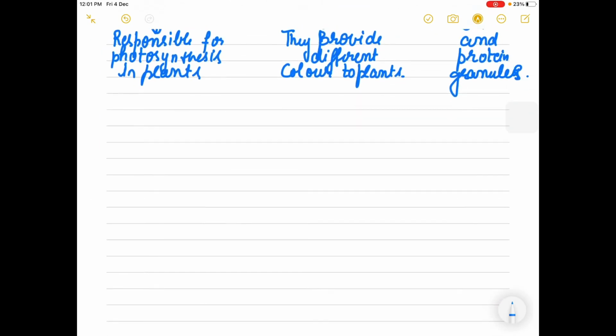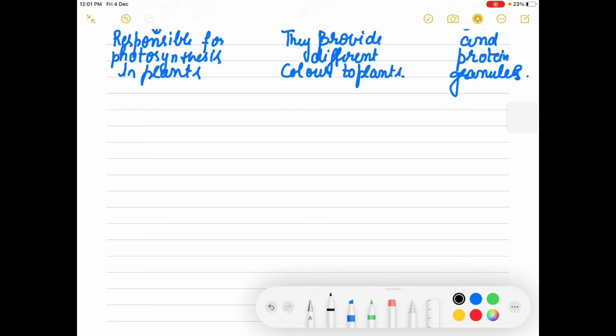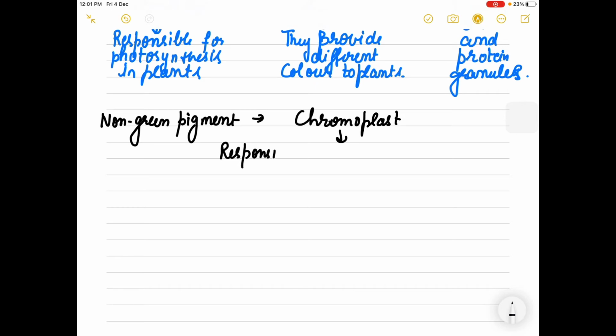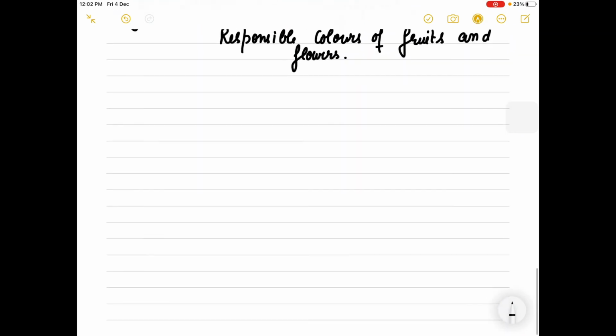If the question comes which is the non-green pigment, the answer will be chromoplast, which is responsible for the colors of fruits and flowers. Fine, this is the question about our chloroplast.